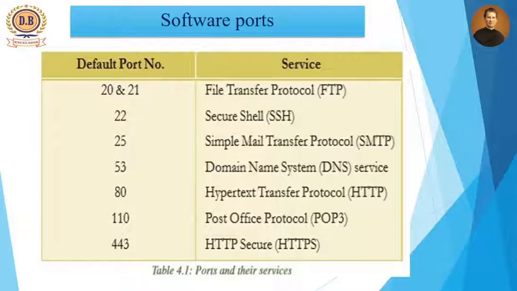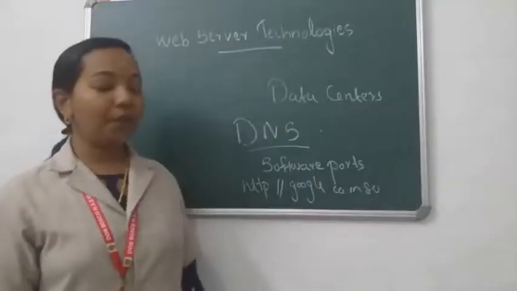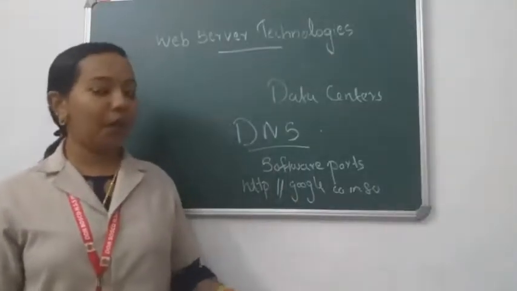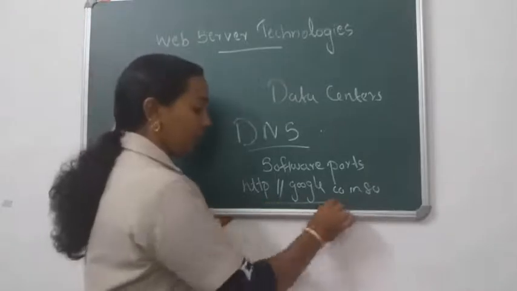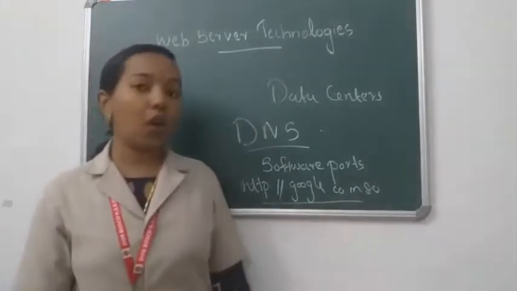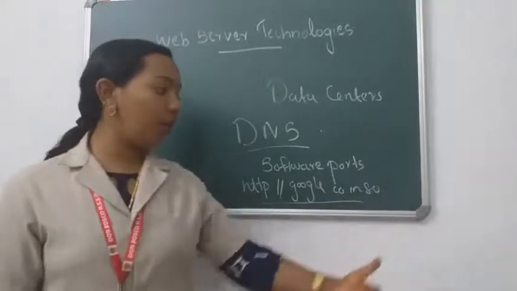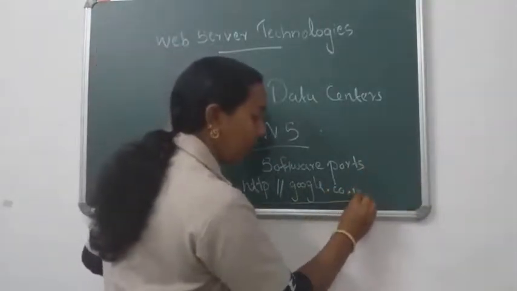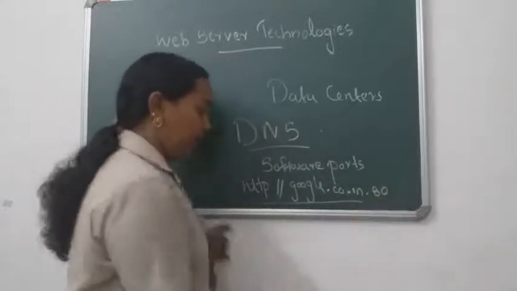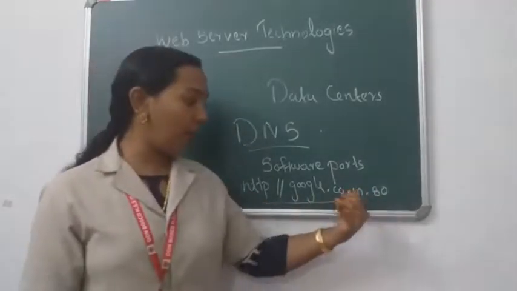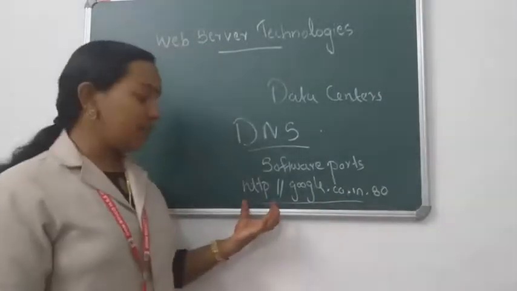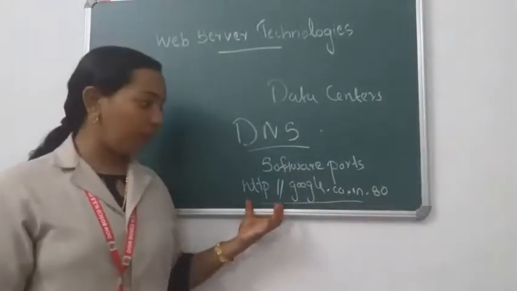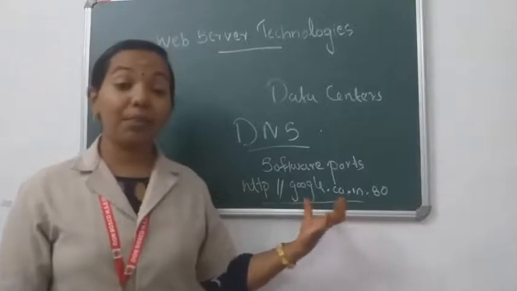So in a website, for example, suppose you want to identify the IP address with the help of software code. For example, look at this: http://google.co.in:80. What does this HTTP indicate? It's a protocol. Google.co.in is the domain name.